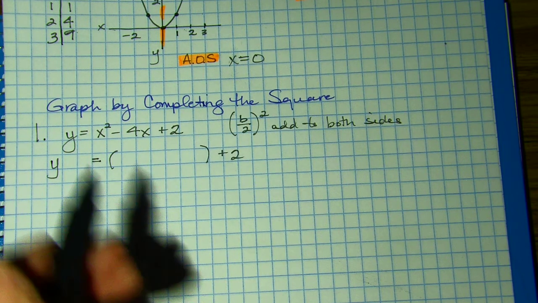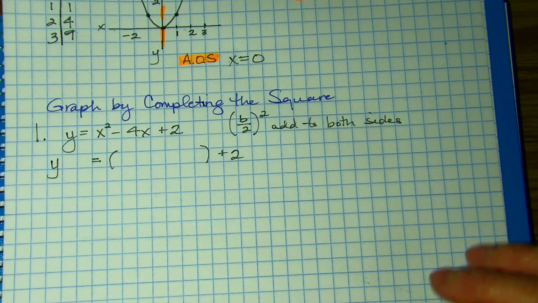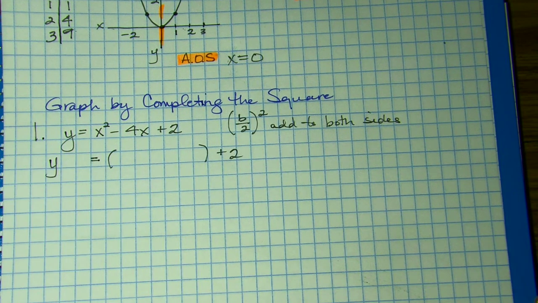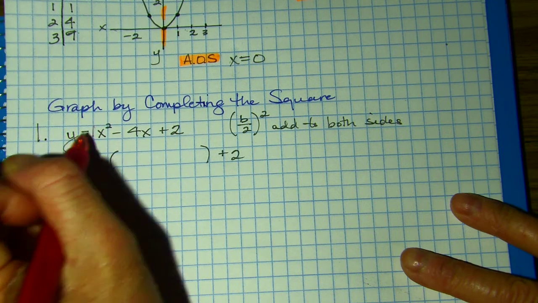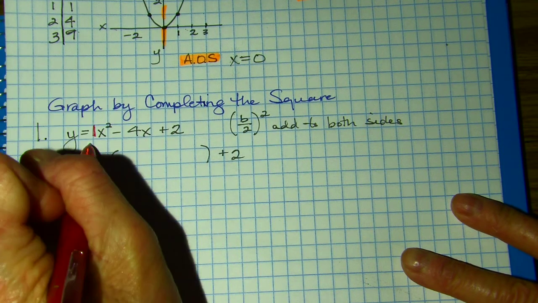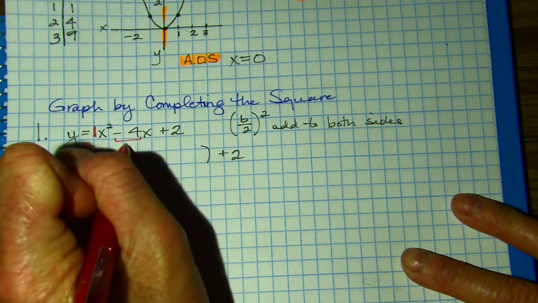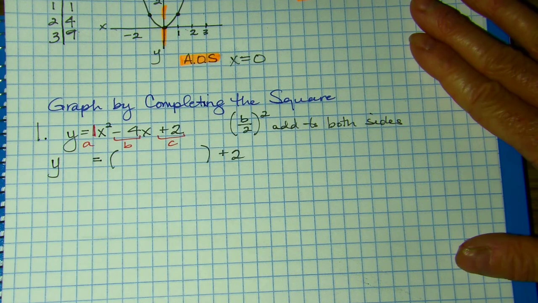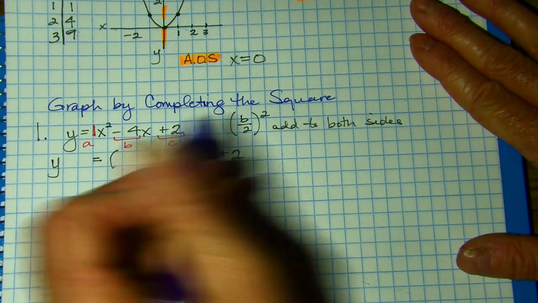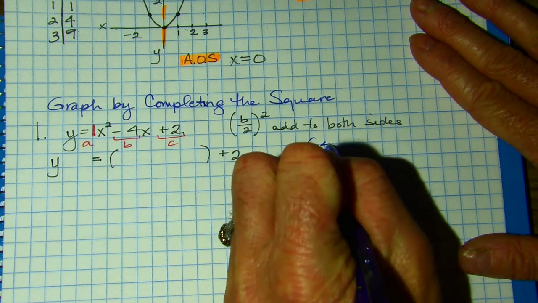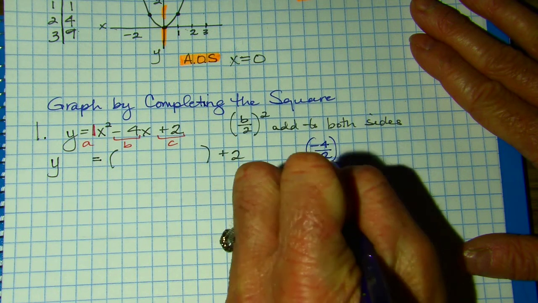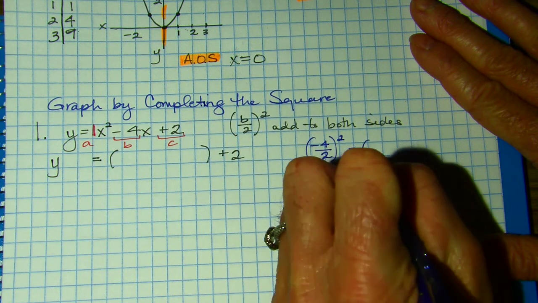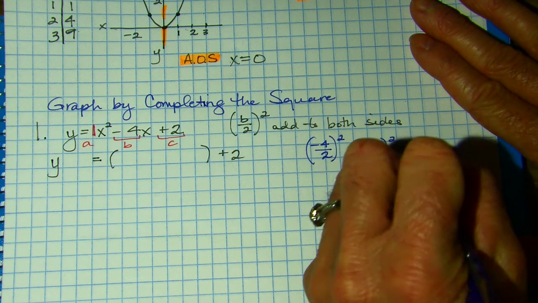So my b term in this case, if it helps, there's an invisible 1 here. So that's a. -4 is b, and 2 is c. Okay, so that is review of A, B, C. So I'm going to take a value of -4 divided by 2 and square it. That gives me -2 squared, which equals 4.